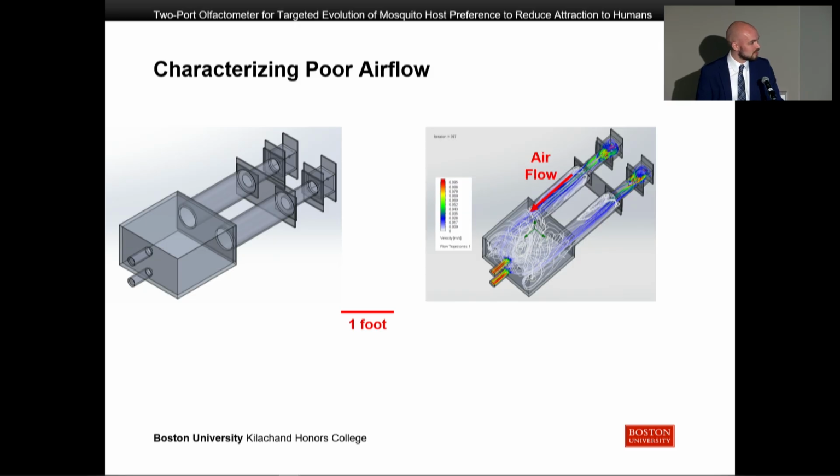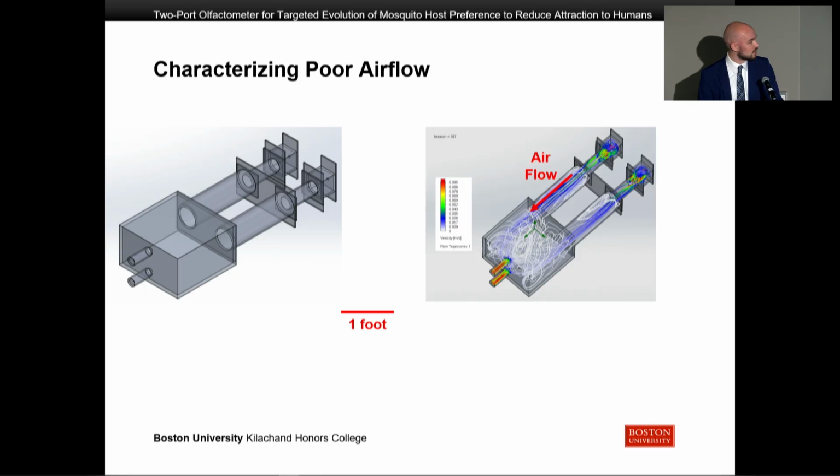The light blue and white lines represent air velocity within the chamber. That white and light blue shows there's no air movement, so it would make sense that very little odorant is getting to those areas. So that's what we aim to solve.